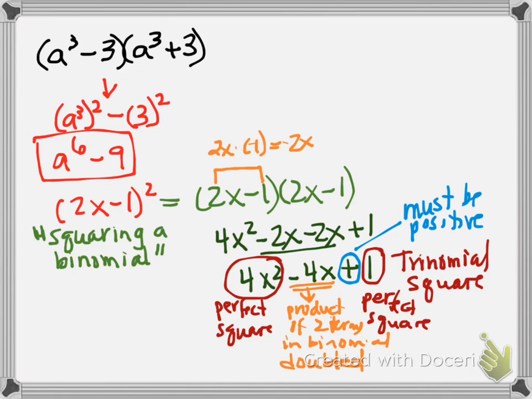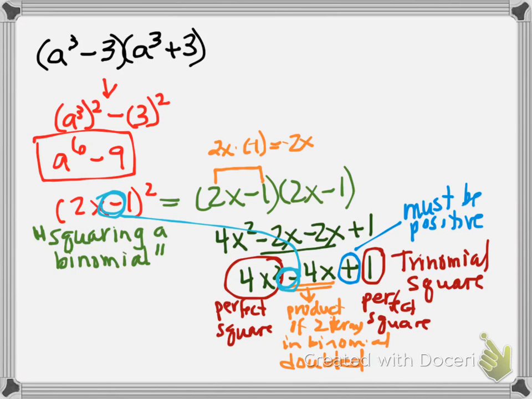Last thing to look at is your sign originally in the binomial was a negative. The sign of that middle term matches, right? So I'm not always going to have pluses in this. It's dependent upon the sign in the original binomial.